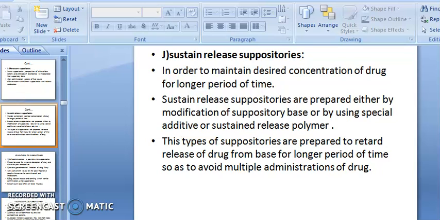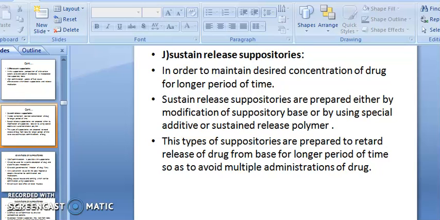These types of suppositories are prepared to retard the release of drug from the base for a longer period of time, so as to avoid multiple administration of the drug. When we prepare a sustained release formulation, repetition of the dose of your drug will be saved.